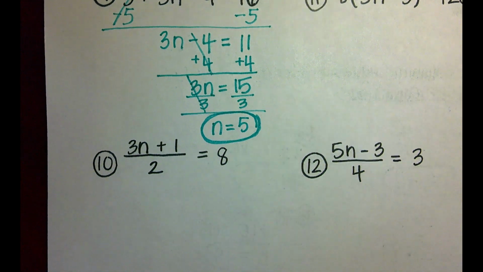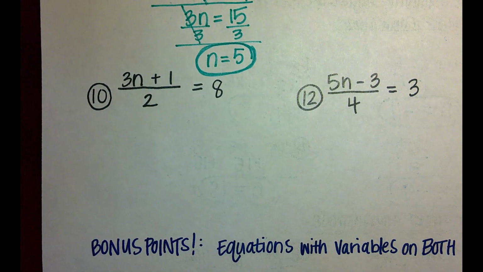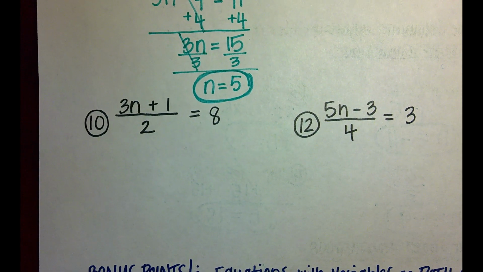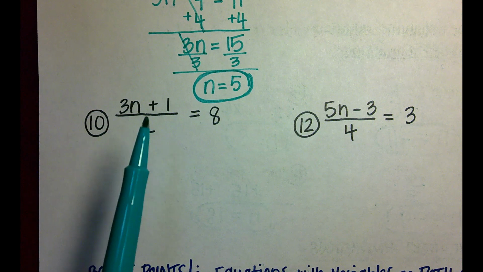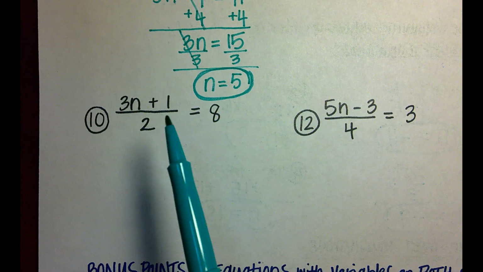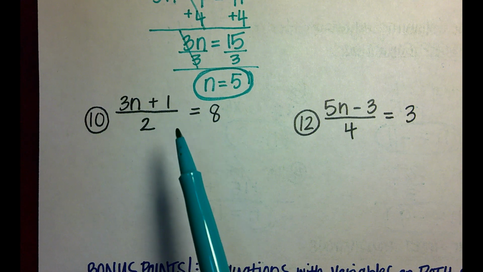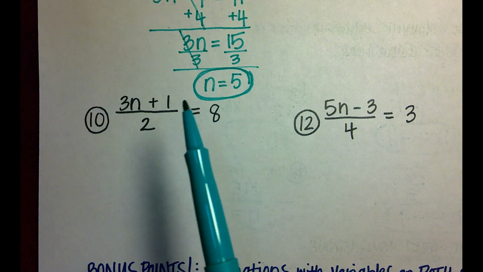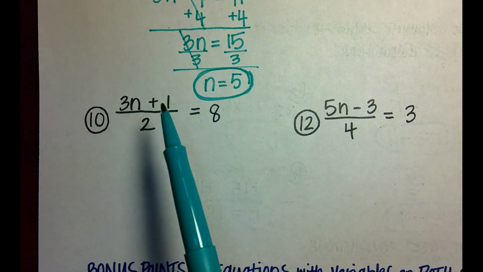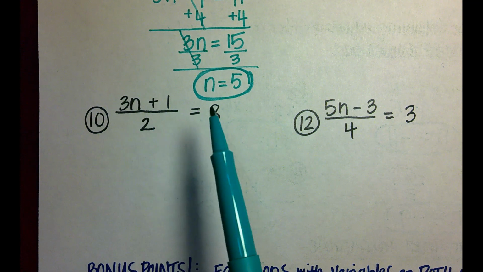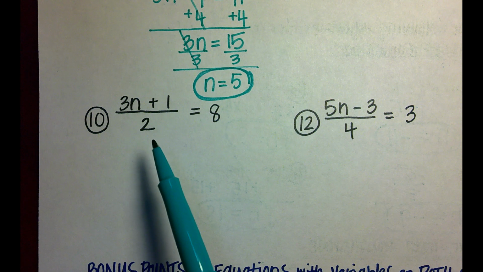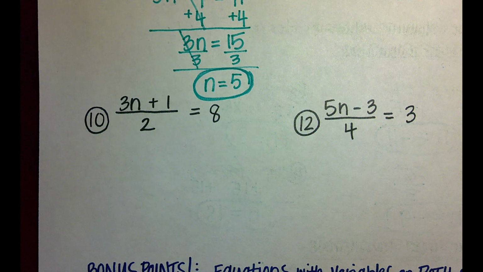Okay. Let's take a look at number 10, right below number 9. This problem is tricky because one side of my equation is all a fraction. I've got 3n plus 1, and it's all being divided by 2. So what do I need to do first here? This one's a special case.